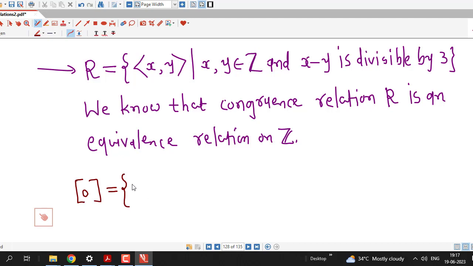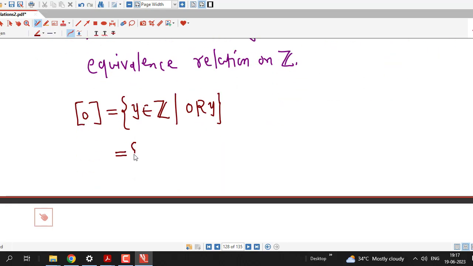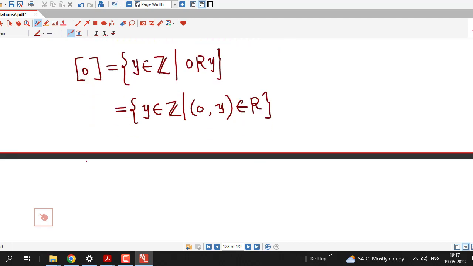The equivalence class of 0 is equal to all those integers y belonging to Z such that 0 is related to y, or we can write that the ordered pair (0, y) belongs to R. Now an ordered pair is a member of R if the difference of components is divisible by 3. So here I should write that 0 minus y, that is minus y, is divisible by 3.